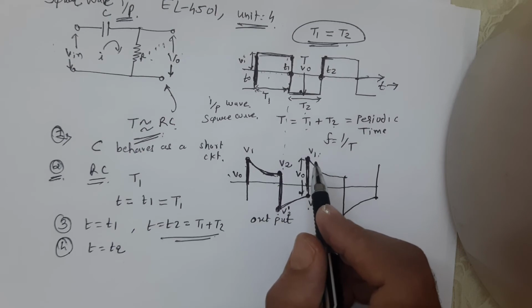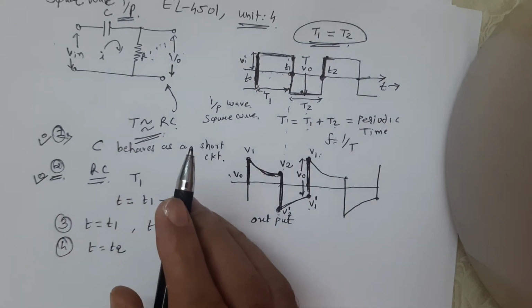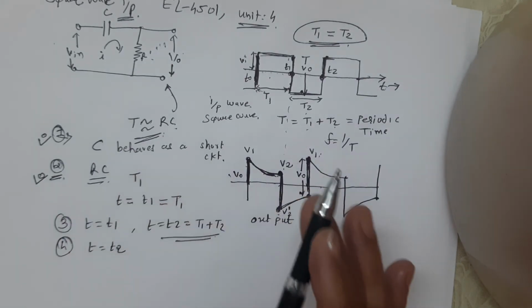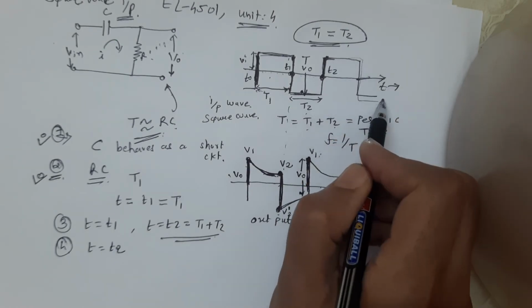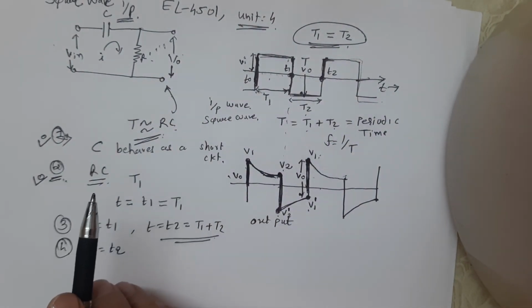The state of affairs is now like 0.1 and 0.2, which describe the above. Then in the second half cycle, again the same thing as described in 1 and 2.